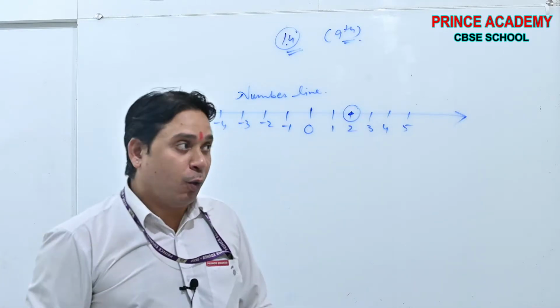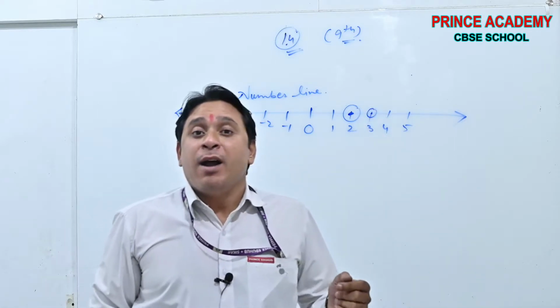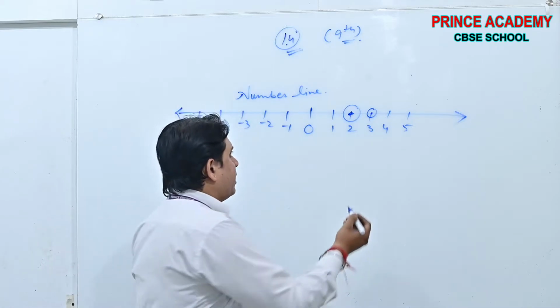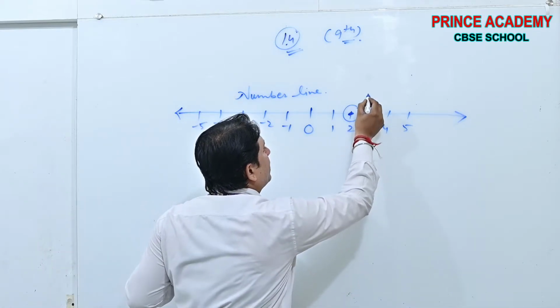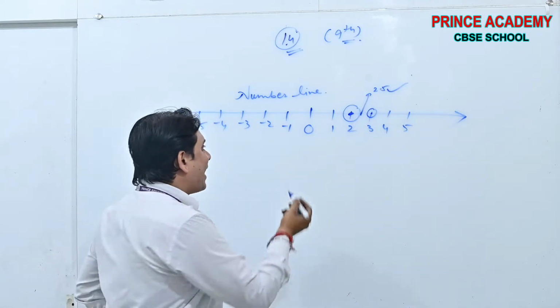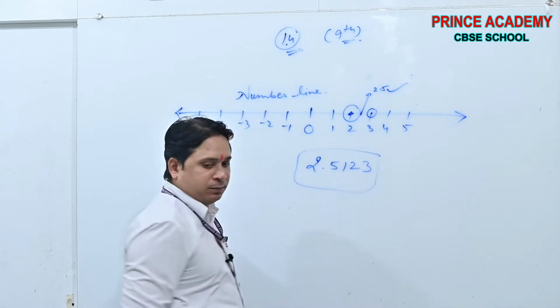Good. What is 3? You will say, sir, this is 3. If I ask you, where is 2.5? You will say, sir, between 2 and 3, this is 2.5. But if I ask you, can you locate 2.512 on this number line?